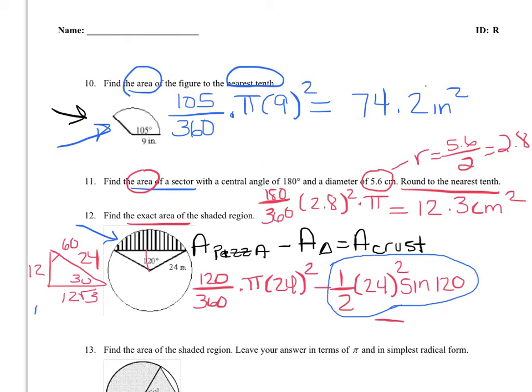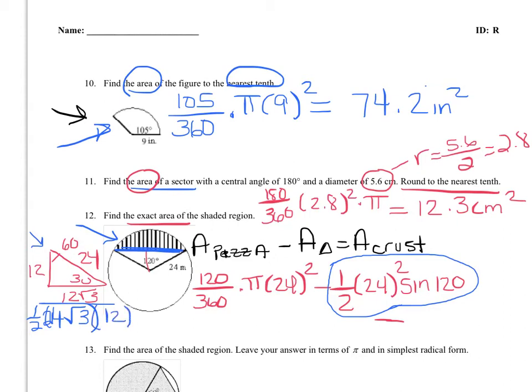So that blue stuff should, in a perfect world, but since it's multiple choice it won't really matter, should be 1/2 the base, which would be 24 root 3, because keep in mind you have a half of a triangle right here. You want the whole base, which would be 24 root 3 times the height, 12.